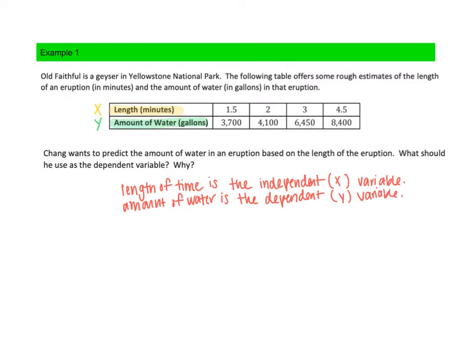And I'll just rewrite something else down below. You do not have to write this part, but it just kind of helps clarify some things for me. The amount of water depends on the length of the eruption.